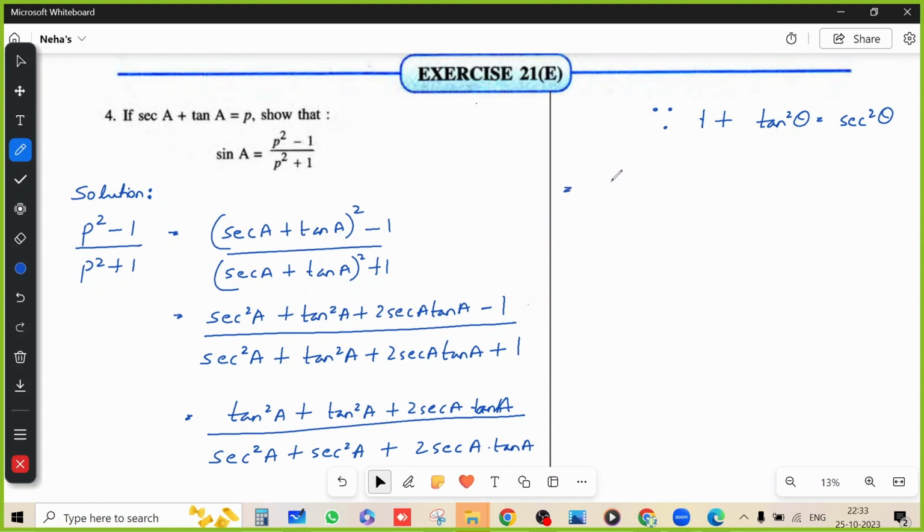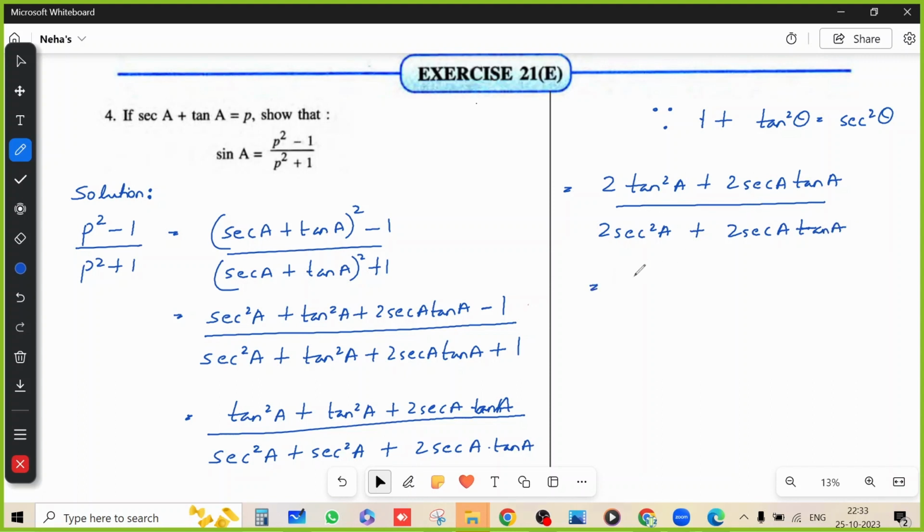So it would become 2 tan square a plus 2 sec a into tan a in the numerator, and 2 sec square a plus 2 sec a tan a in the denominator.